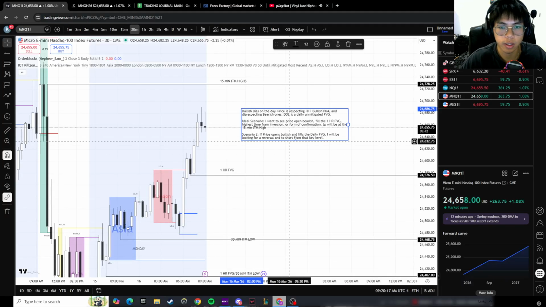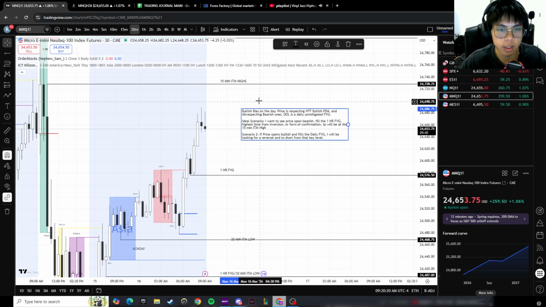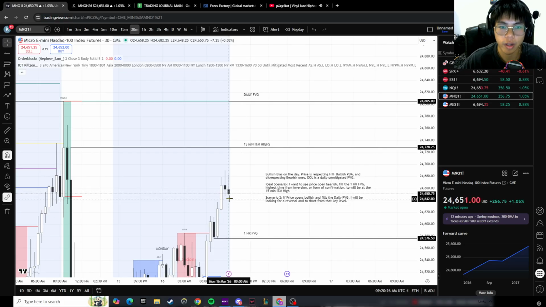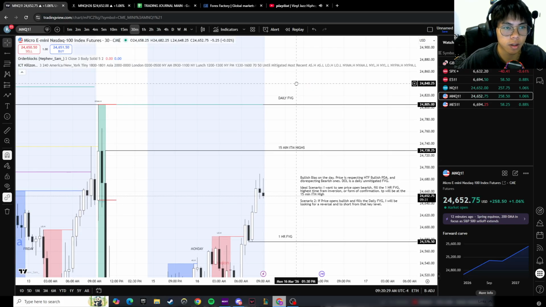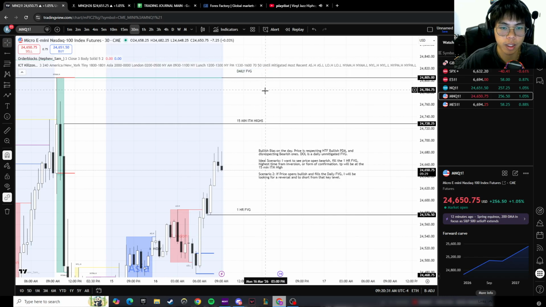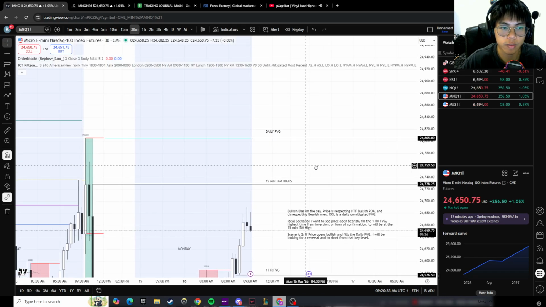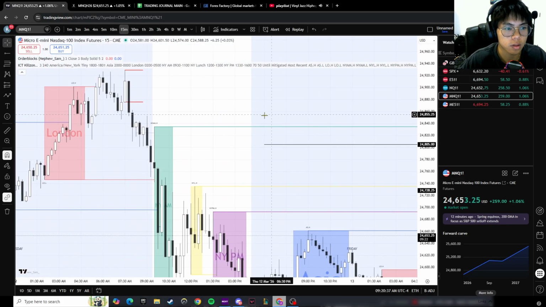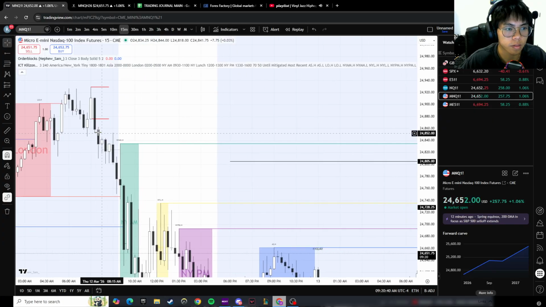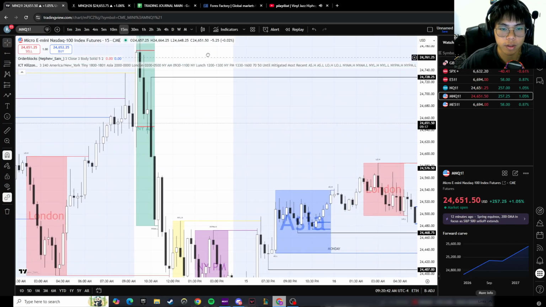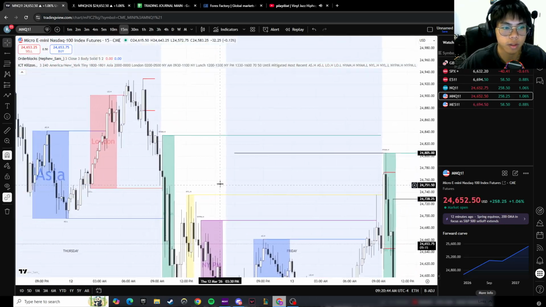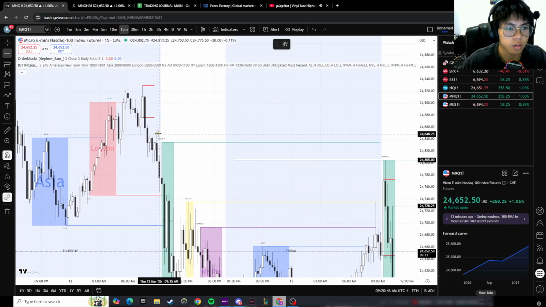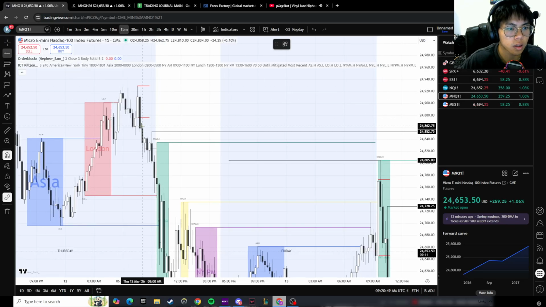When I refer to shorts and all that stuff, obviously when the setup presents, it's just a scenario. I want to see the price go up to this daily bearish fair value gap, and from there we'll wait for our setup, which is probably fill this right here. Oh, I should mark that one too. So we have bang, bang.